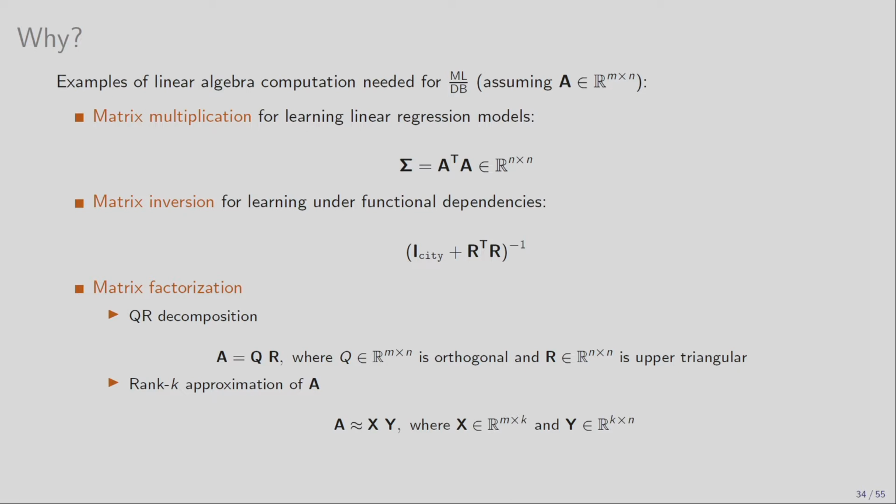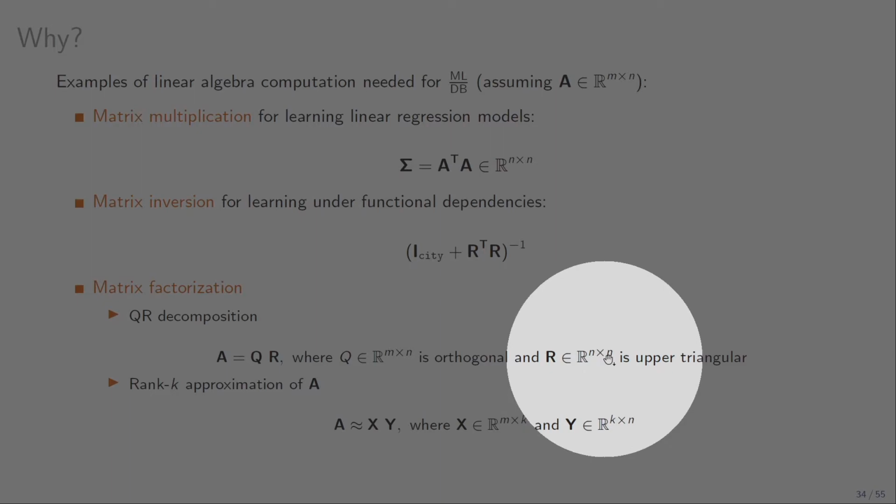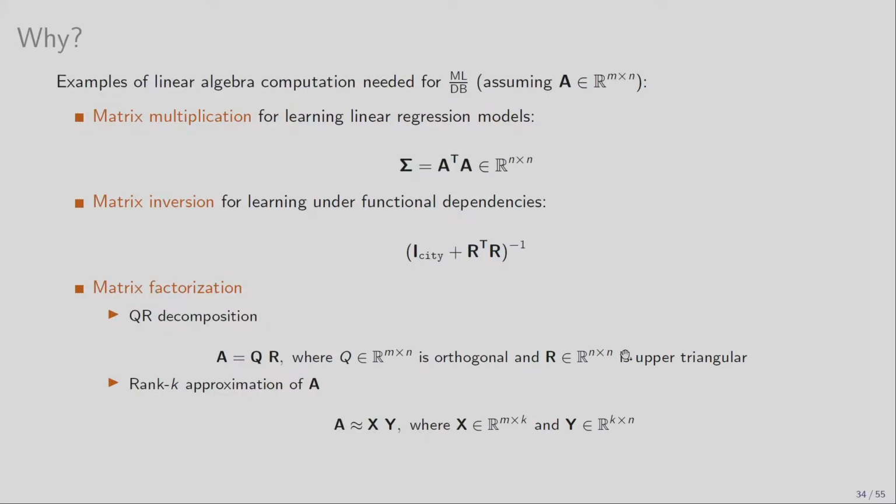Being orthogonal, it sometimes magically disappears as it comes in a product with its inverse. And R, however, is upper triangular, and its dimension is n by n, where n is the number of features, so it is less than m, the number of samples in the training data set.